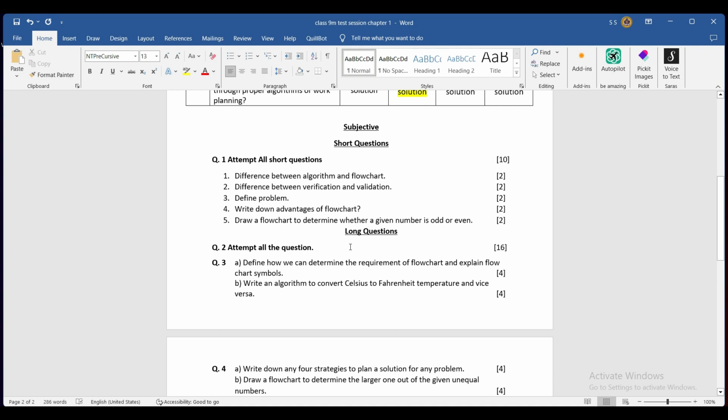Next part is the long questions. So we have two long questions. In question number 3 we have A and B parts. Define how we can determine the requirements of a flowchart and how flowchart symbols, and explain flowchart symbols. So for determining the requirements of the flowchart, we are pretty much clear that we have three things: input, processing, decision making and output.